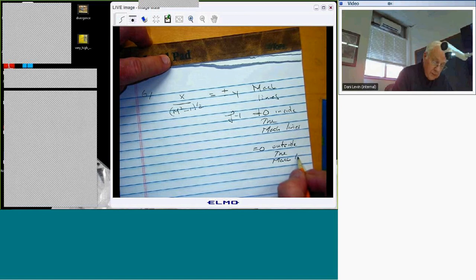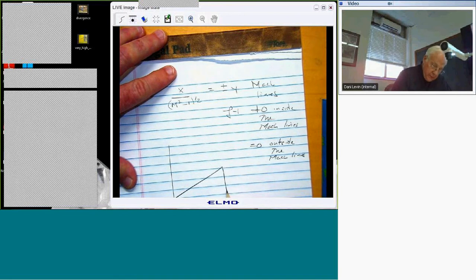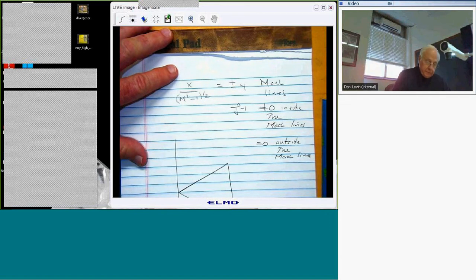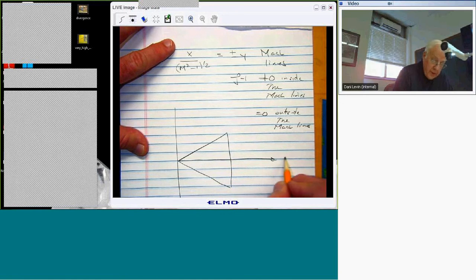And so I'm going to draw a delta wing, because it makes the story easier to tell. 1, 2, 3, 1, 2, 3. Here's a delta wing. And along this line, it's either the x-axis or the xi-axis. Remember, xi is the dummy variable with respect to x.